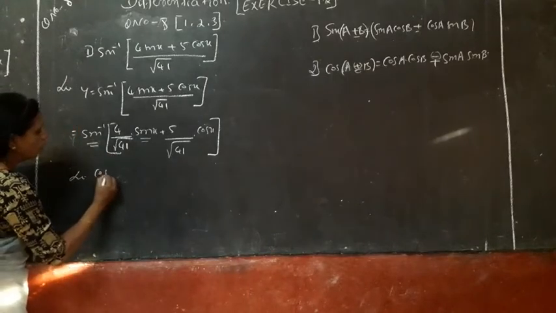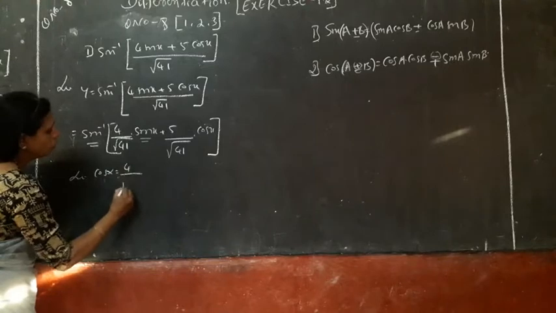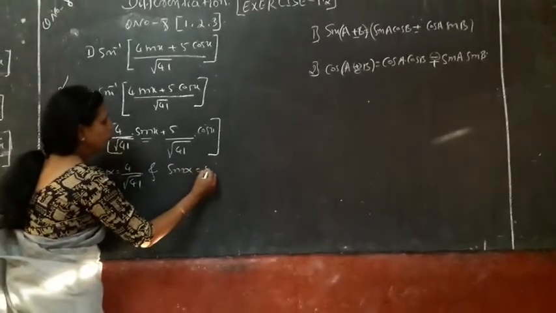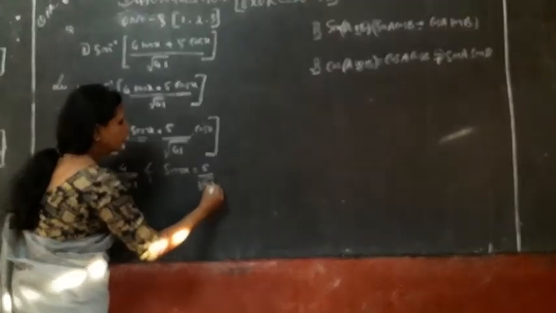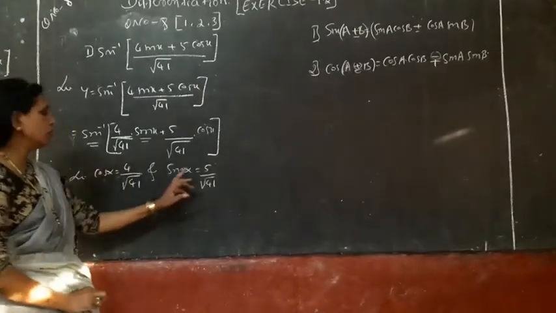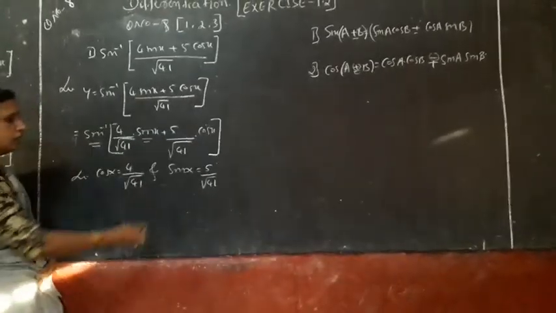Let cos alpha equal to 4 upon square root of 41, and choose sin alpha equal to 5 upon square root of 41. We know the fundamental property, sin square alpha plus cos square alpha equal to 1. Therefore, we get 1.